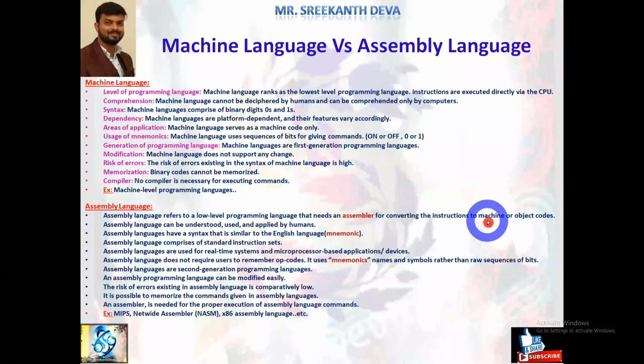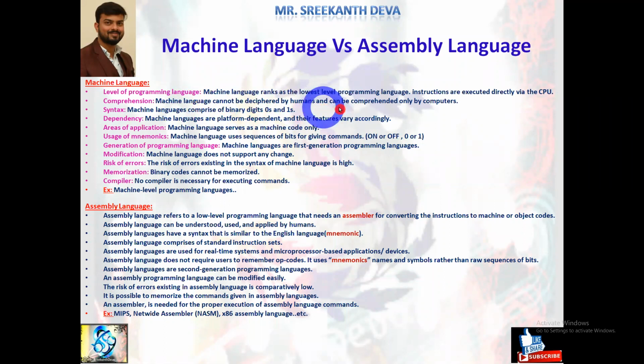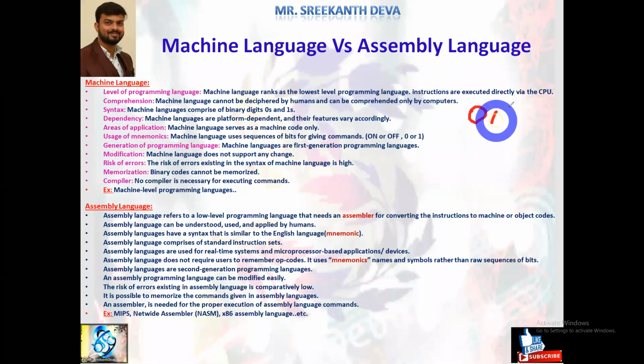Coming to comprehension, machine language cannot be deciphered by humans and can be comprehended only by the computer. It means humans cannot understand machine language directly. It is very difficult to understand the zeros and ones representation, hexadecimal format, the code in the form of zeros and ones, a minimum 8-bit representation.